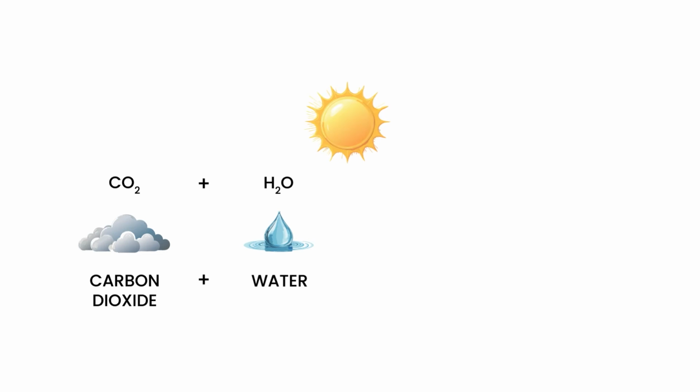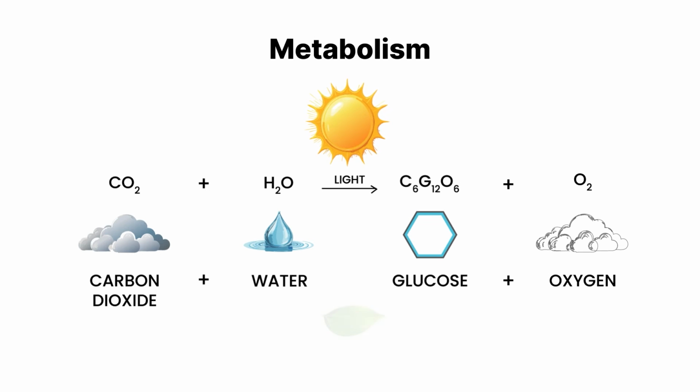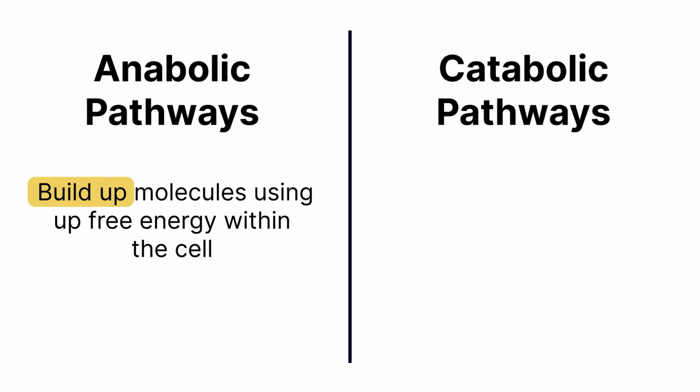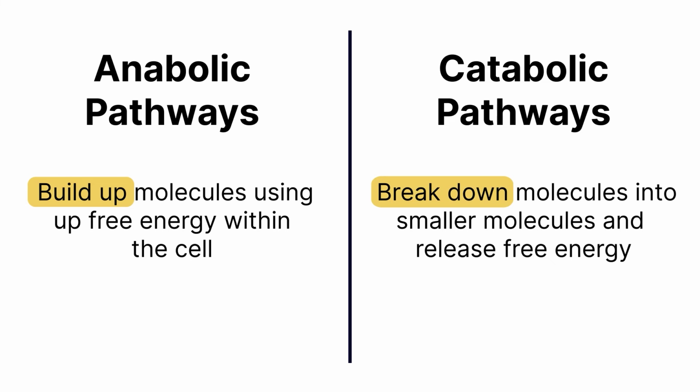All the thousands of chemical reactions carried out in your cells that help create energy and keep you alive are collectively called metabolism. This process is made possible by scores of interconnected chains of chemical reactions called cellular pathways. There are two types of metabolic pathways. Anabolic pathways build up molecules using free energy within the cell, and catabolic pathways break them down into smaller molecules and release free energy.